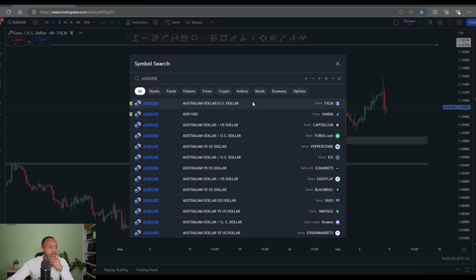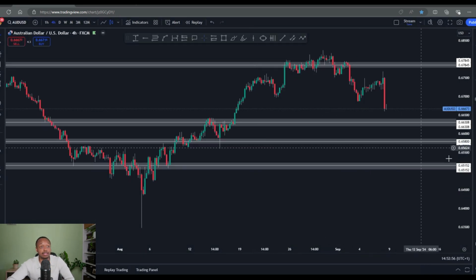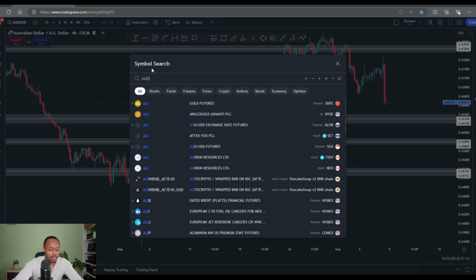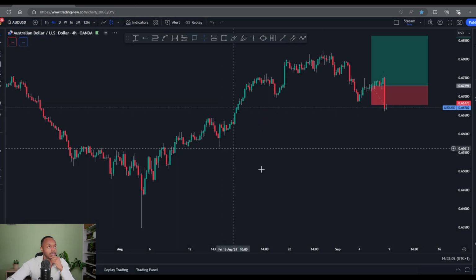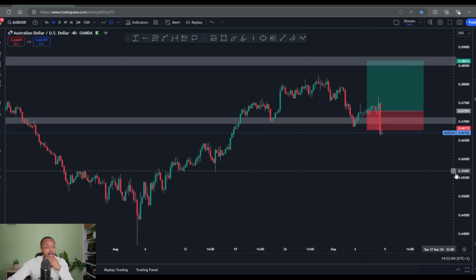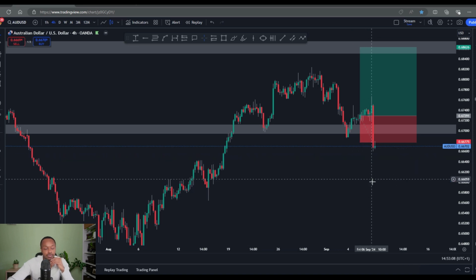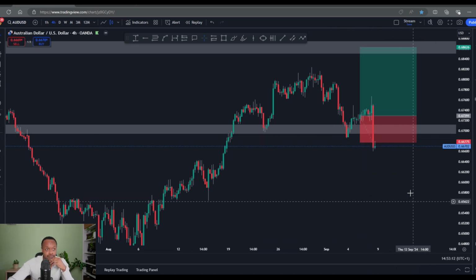So we did have NFP this week and it resulted in a pretty big move to the downside. In fact, let me go to a different broker. There we go. So this is the position I had. Longs from this area, I was a little bit late to the party, but the most important thing to me was the stop loss placement underneath that low, because that's effectively where I would be wrong in the position.